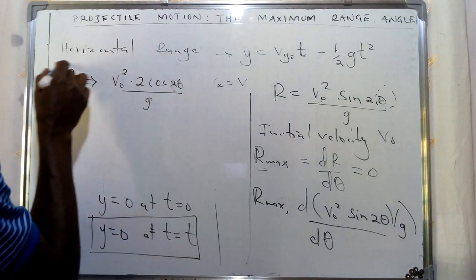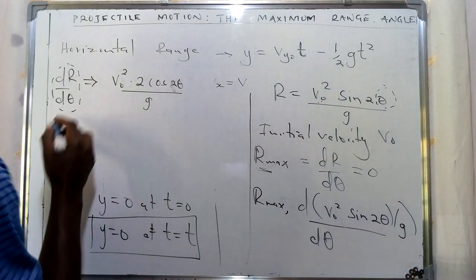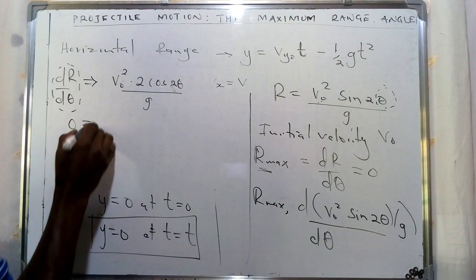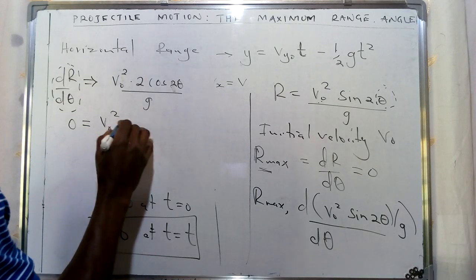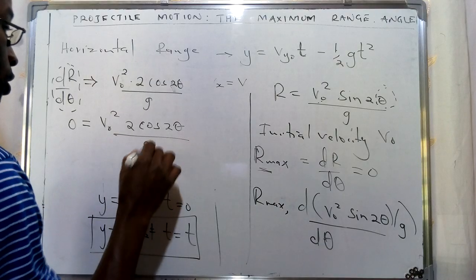And we decided that this derivative for the maximum range is going to be equal to 0. So we shall have 0 equals v naught squared times 2 cosine of 2 theta divided by g.